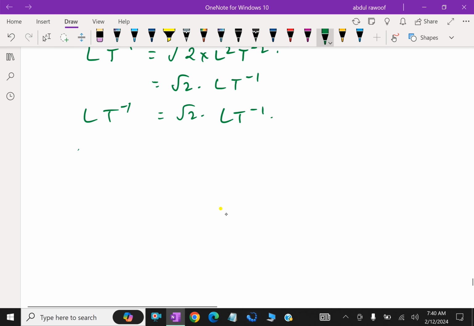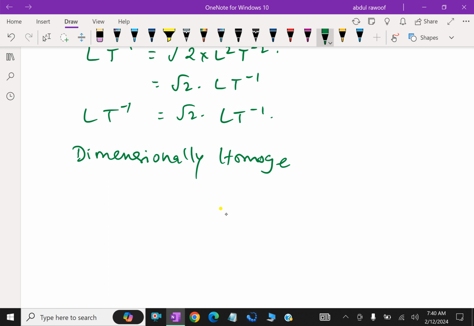We can prove it is dimensionally homogeneous. These two quantities, LHS and RHS, have equal dimensions, so it is called dimensionally homogeneous.